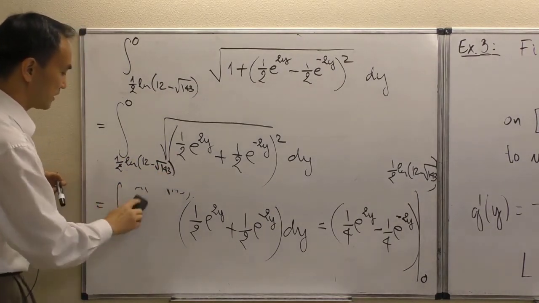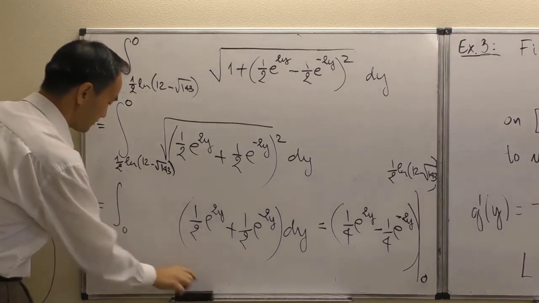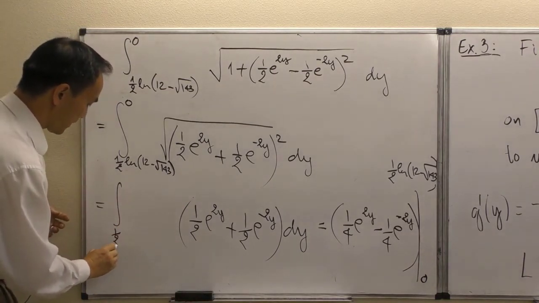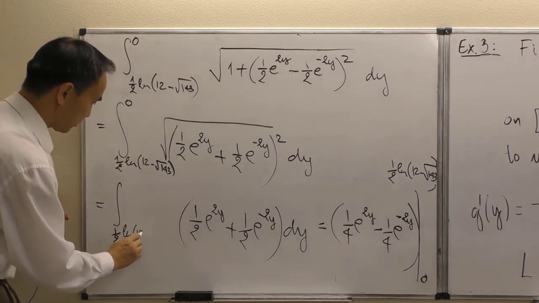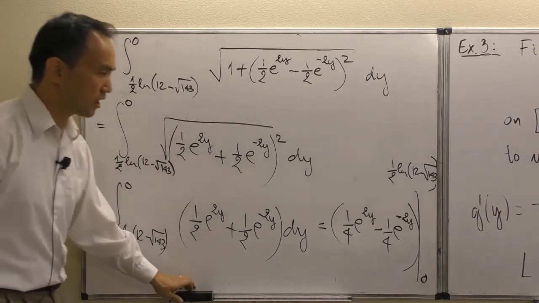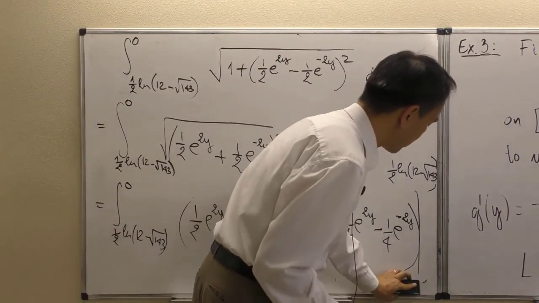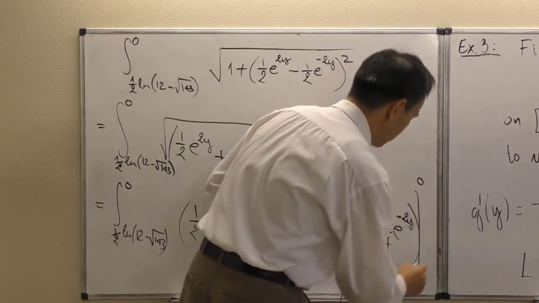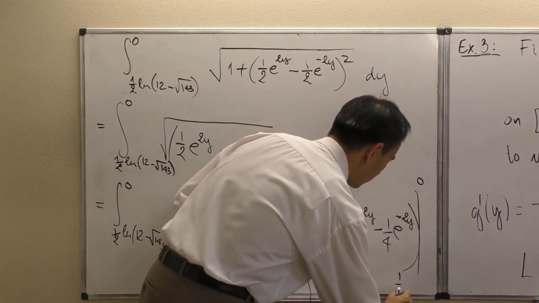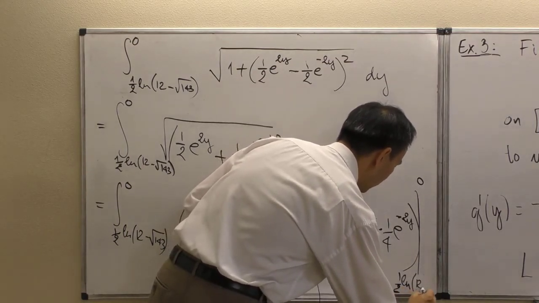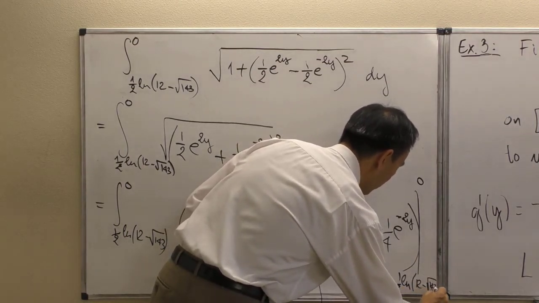All right, and that's what it is. 1/2 natural log of 12 minus square root 143, and then 0. And so consequently, it means the same thing for this step right there. I'm going to put 0 at the top, and here it's a 1/2 natural log of 12 minus square root 143.